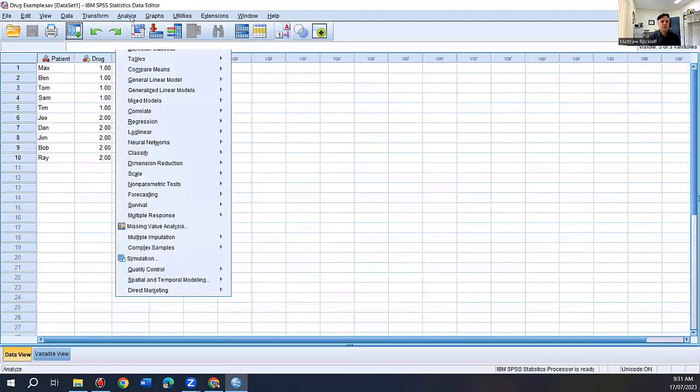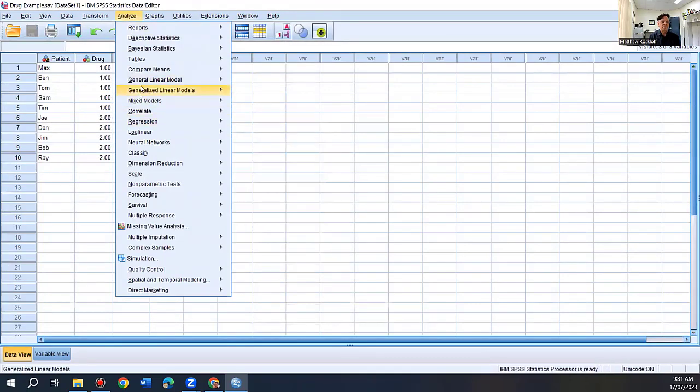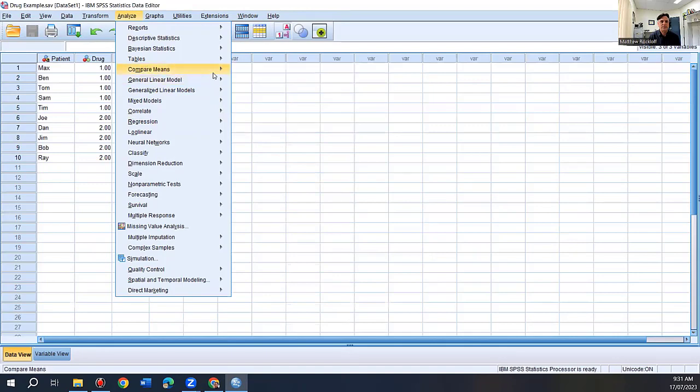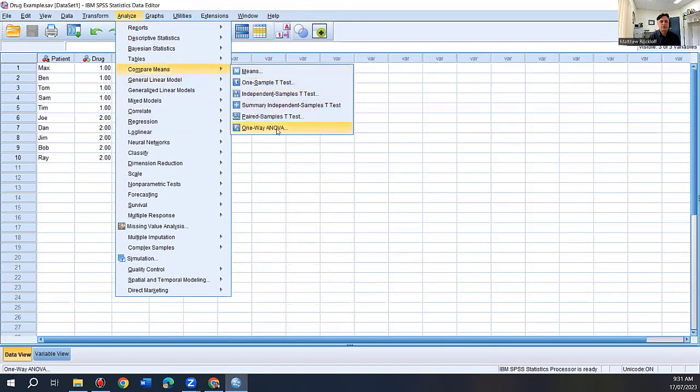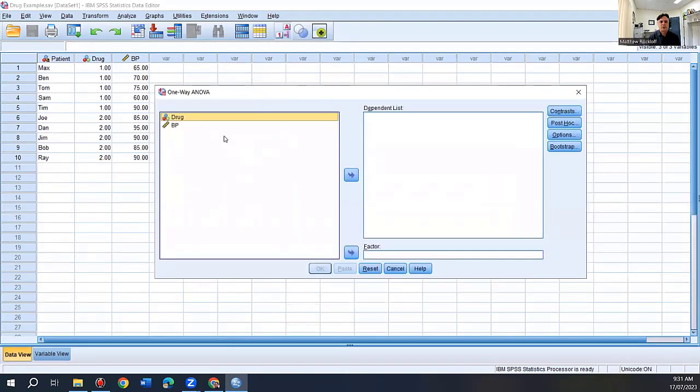Now we're going to look at ANOVA. And so here we're going to compare means. We're going to go to One-Way ANOVA. And we're going to put in the dependent variable, the outcome list, the blood pressure.